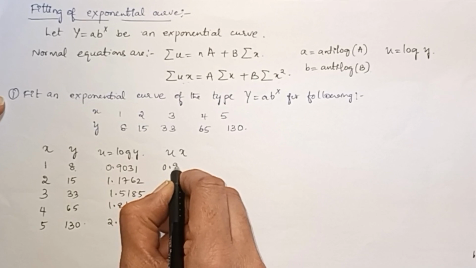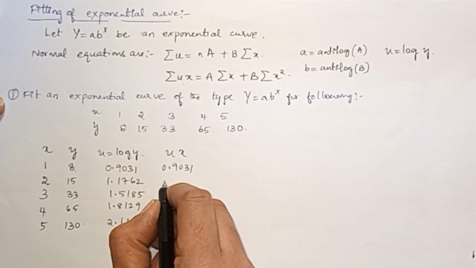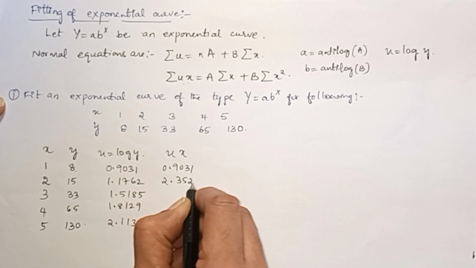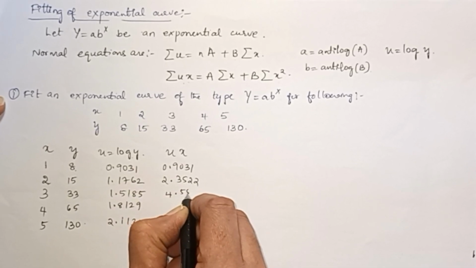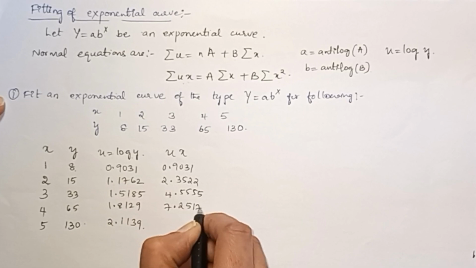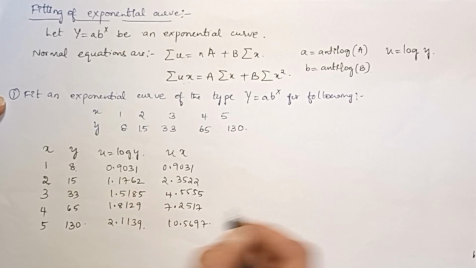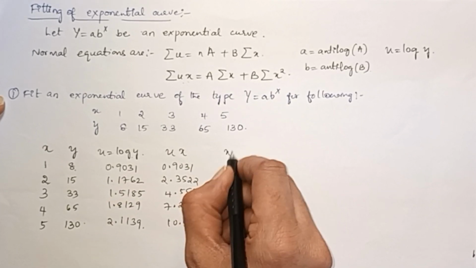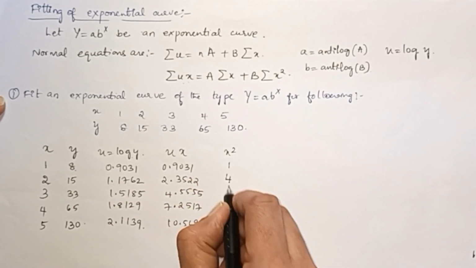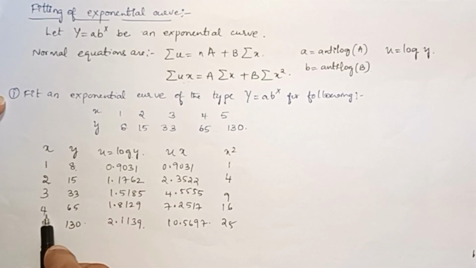So it is 0.9031, 1.1762 into 2, which gives you 2.3522, and here 4.5555. Next 7.2517, then 10.5697. Next I want x square. So 1, 4, 9, 16 and 25. 1 square, 2 square, 3 square, 4 square, 5 square.